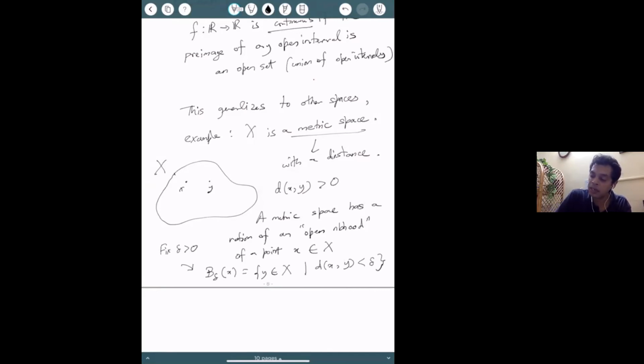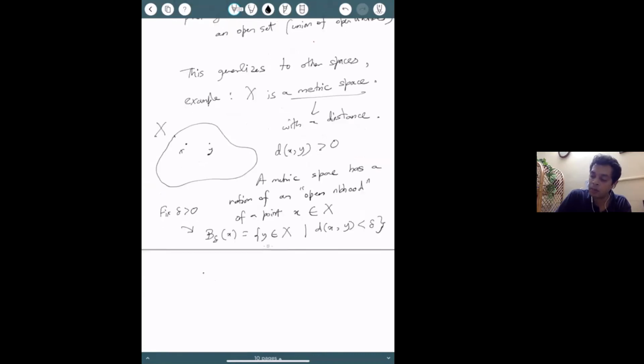If you look at the picture here, you will see that you get some kind of disk, and you can imagine that in higher dimensions it will be a ball. And this is called a metric ball of radius delta. And these generalize the notion of an open interval.